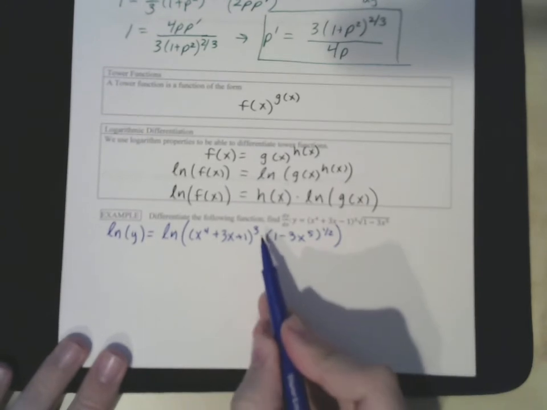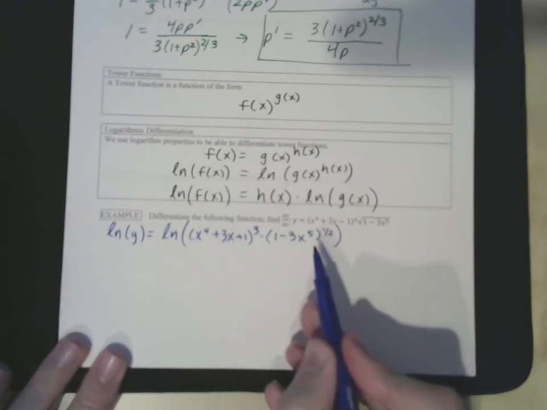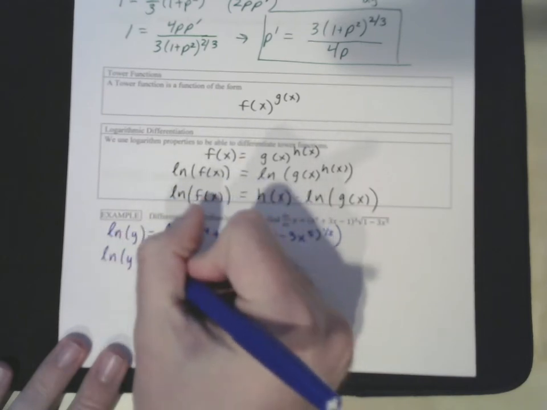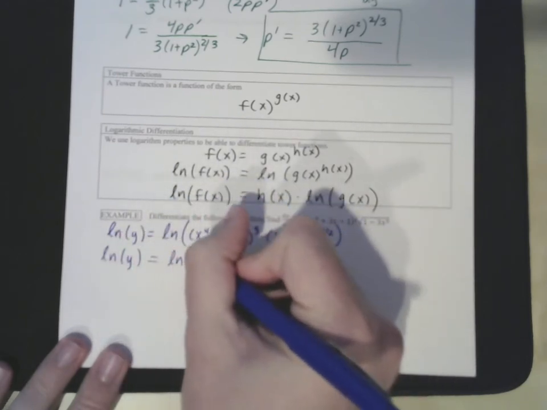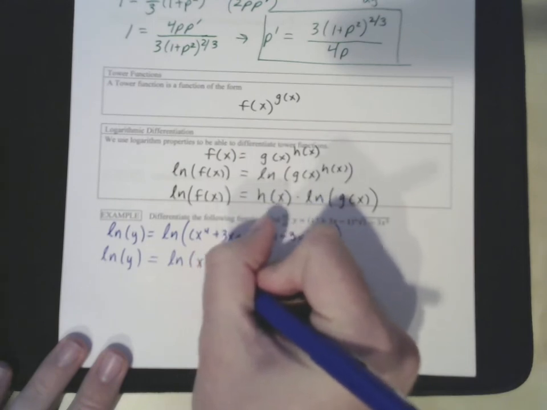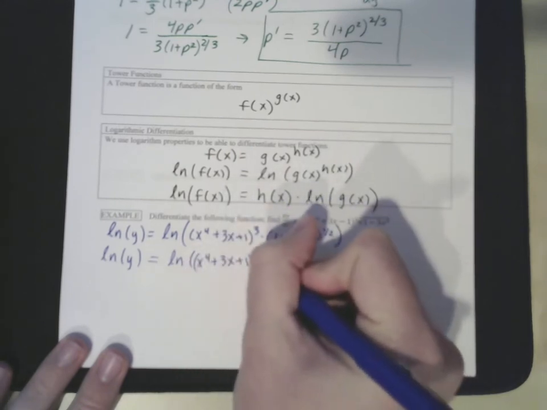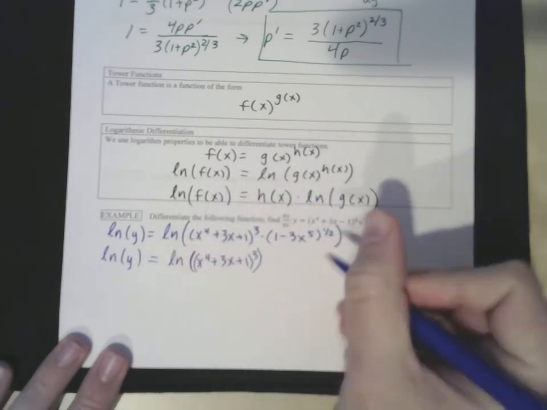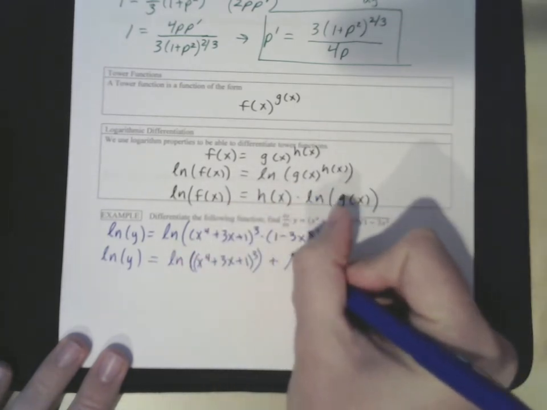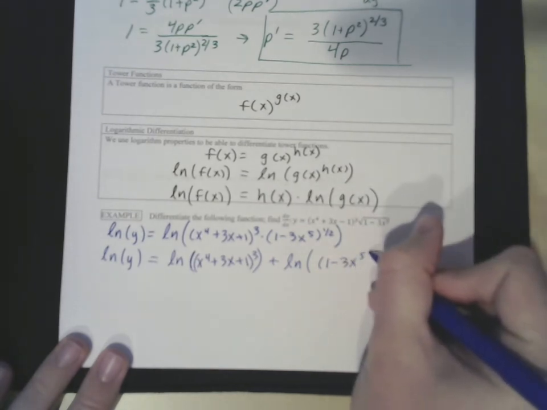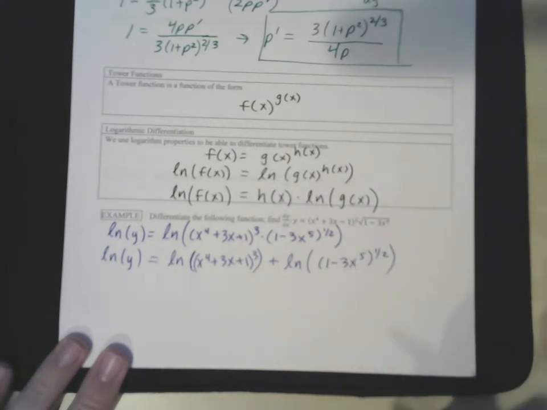So now because we have a product, we can split this into two logarithms. ln y equals ln of x to the fourth plus 3x plus 1 cubed, and then plus ln of 1 minus 3x to the fifth to the 1/2.